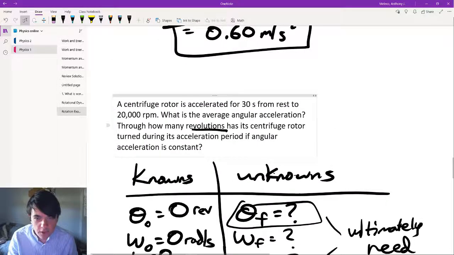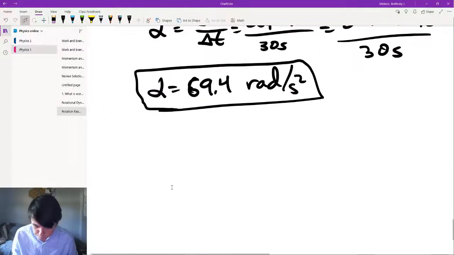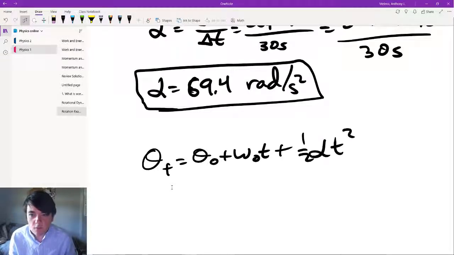But we need through how many revolutions. To get revolutions, we need total distance in radians first. So theta final equals theta initial plus omega naught t plus 1/2 alpha t squared.